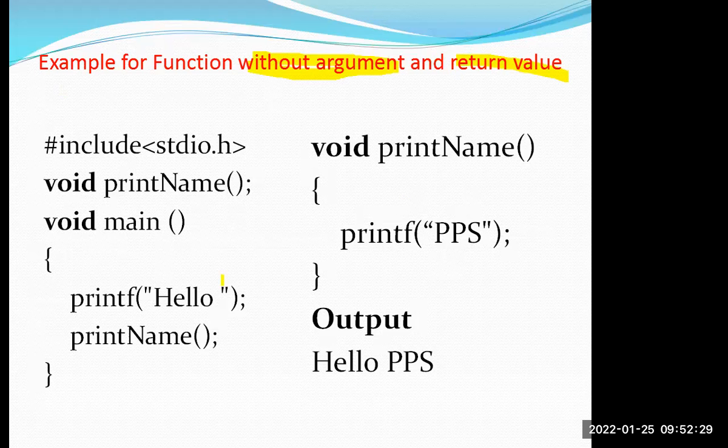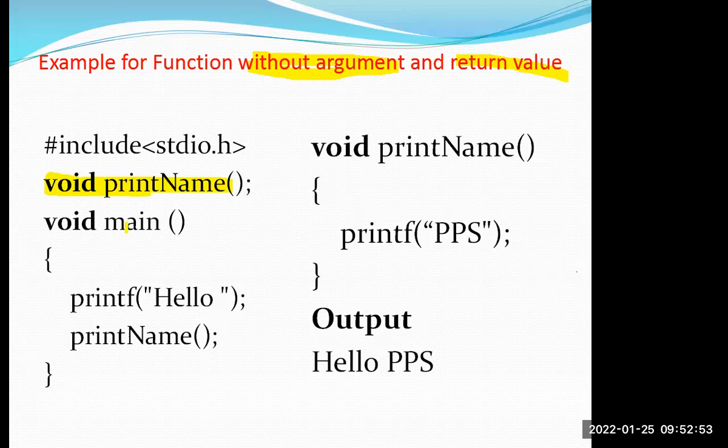First I have to write the function declaration. It is called the declaration part. In the declaration part, the return type is followed by the function name, open bracket and close bracket, and semicolon. Void main is the main function.